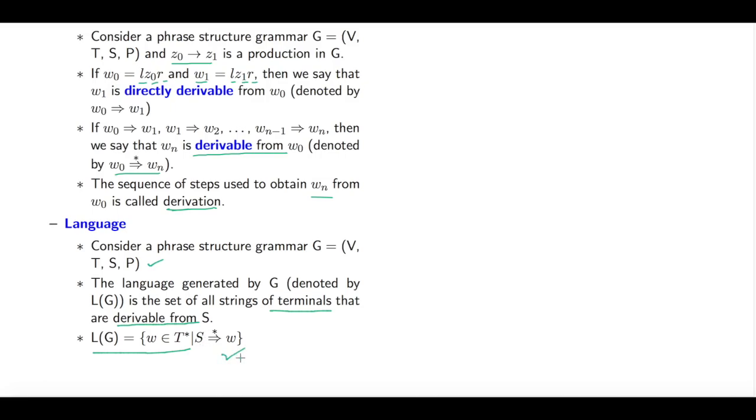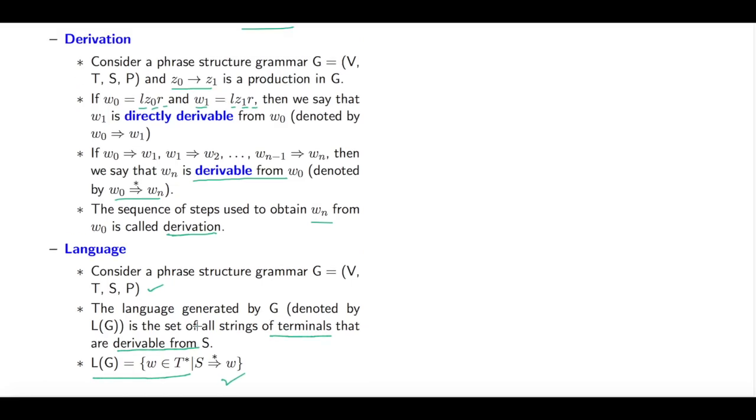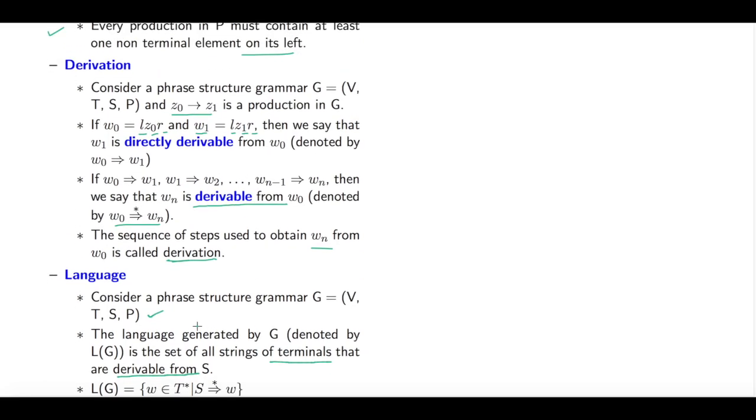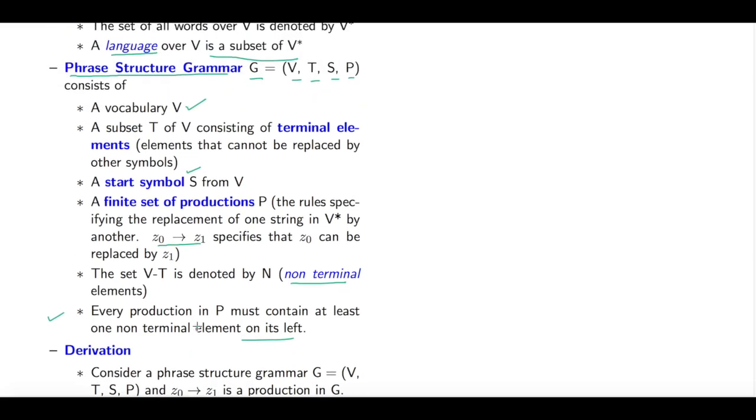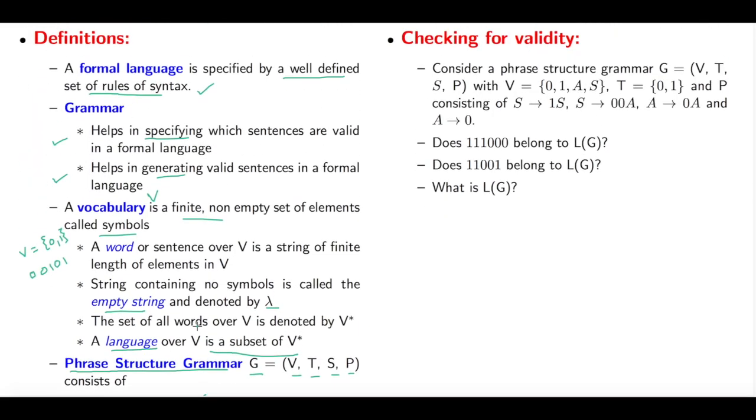So that is the language of G. Okay, now this is just talking, and this is a definition. It's important to define these definitions because we are going to use them in many of the problems.